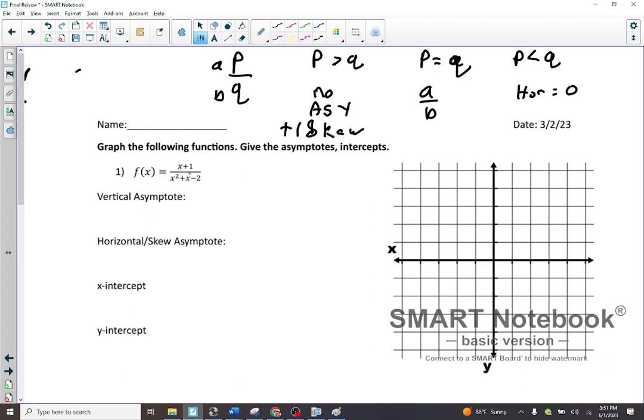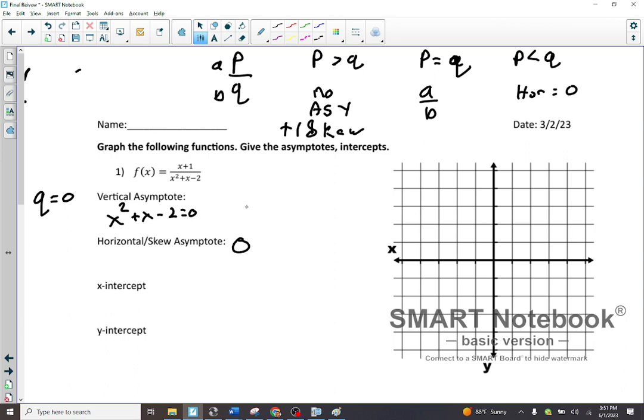All right, so for this one, number 1, the bottom is bigger. So this is going to be a horizontal asymptote of 0. Vertical asymptotes: to find the vertical asymptotes, you set the bottom equal to 0. So Q, you set the bottom to 0. So x squared plus x minus 2 equals 0.